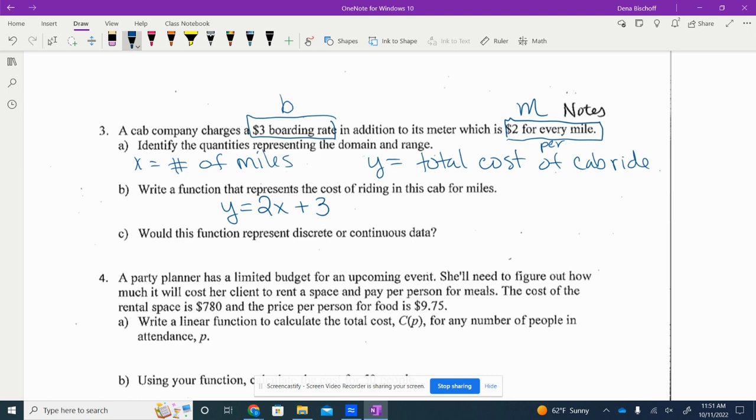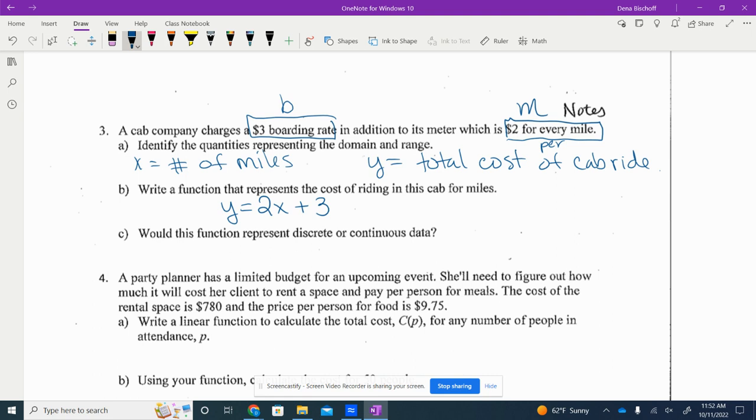Can I go 3.5 miles or 3.7 miles or 3.9 miles, or can I only go whole miles? Yeah, you can do decimals, you can do parts of a mile, right? We can input something, and here's why. Because a mile can be measured in units, tenths, hundredths, thousandths. A book can't. We can't have 1/10 of a book. Does that make sense? Yes.